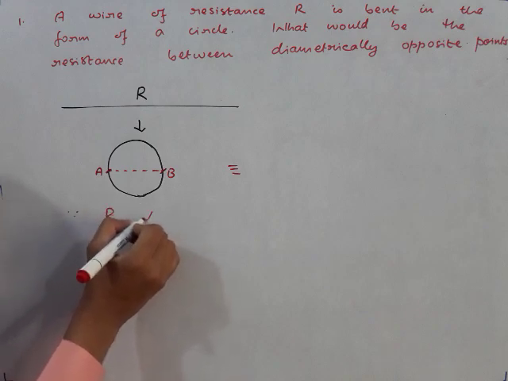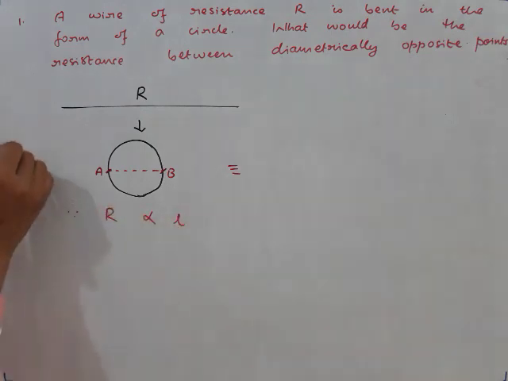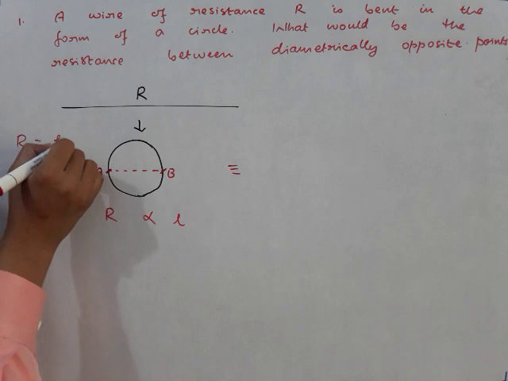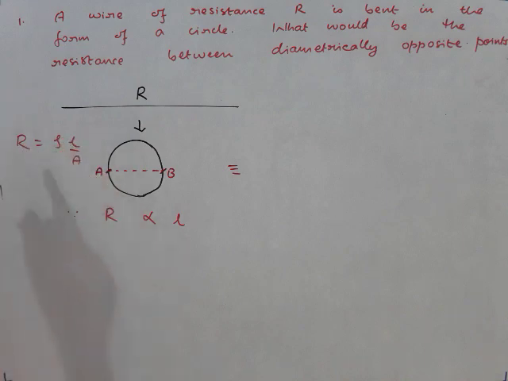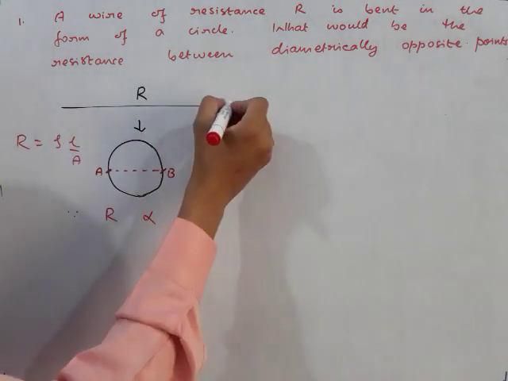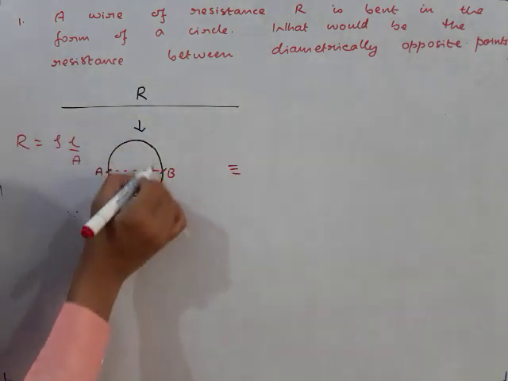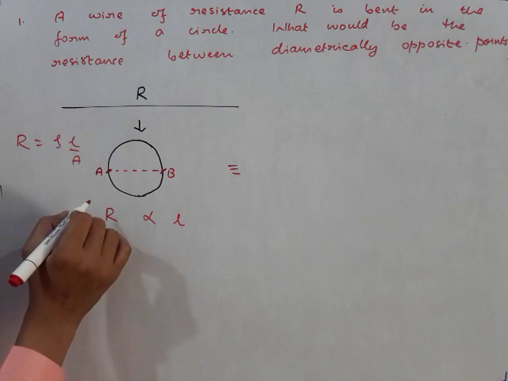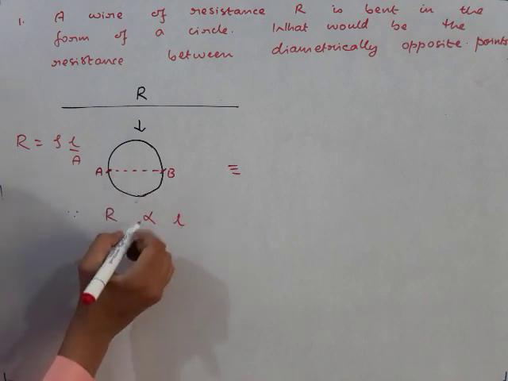See, resistance, you know, students, is directly proportional to length. If you remember that formula, R is equal to rho times L by A. Factors affecting resistance we had discussed. Suppose this length is L. Then this half of the circle will have length L by 2 and this also will have length L by 2.